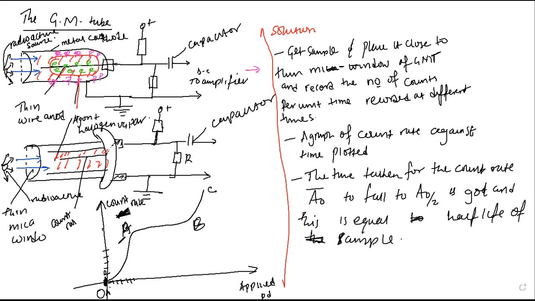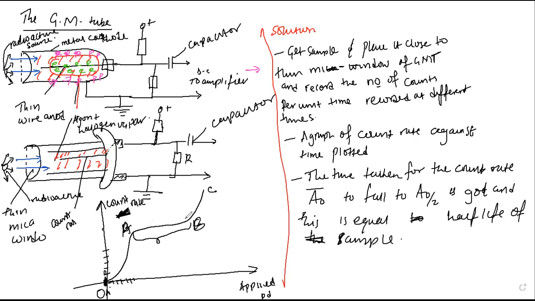And if more ions have been formed and they are not able to reach their respective electrodes because of collisions with other ions, then that is when the halogen vapor is introduced and it minimizes those. So the ions formed stop reaching their respective electrodes. If they stop reaching their respective electrodes, you're going to see that the count rate is not going to increase anymore, and that is within region AB.